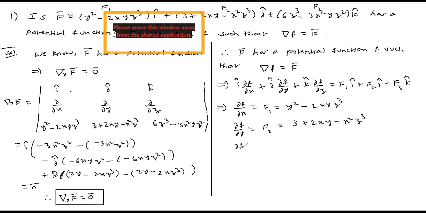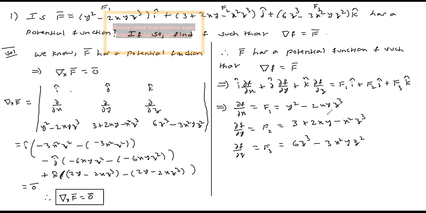And dou f by dou z must be equal to f3. What is f3? 6z cube minus 3x square y z square. Is it okay? Now we take each equation and try to find out the unknown function f.